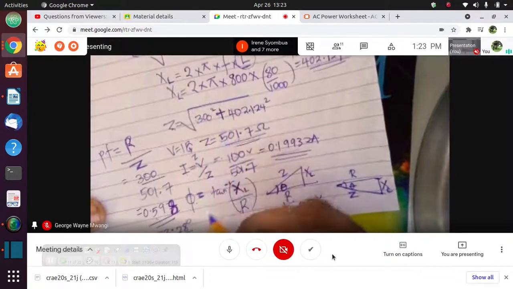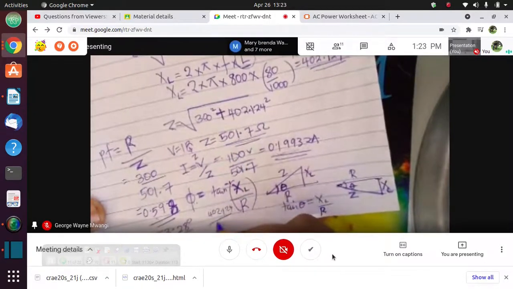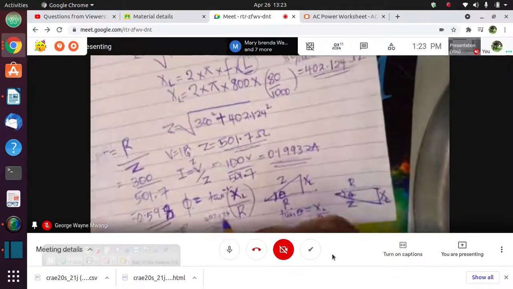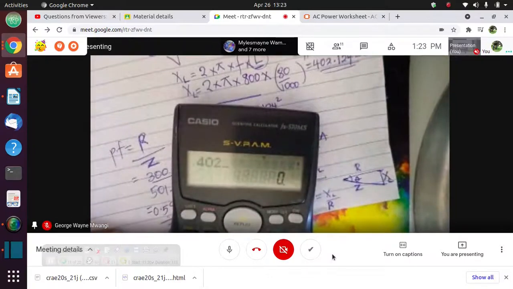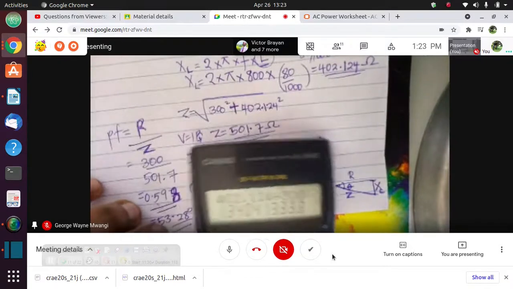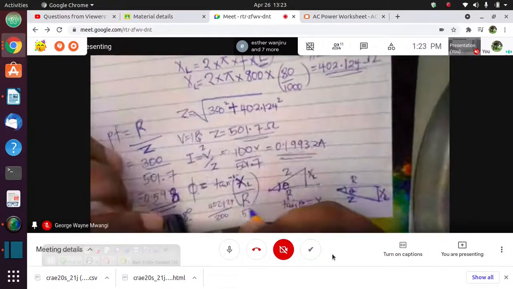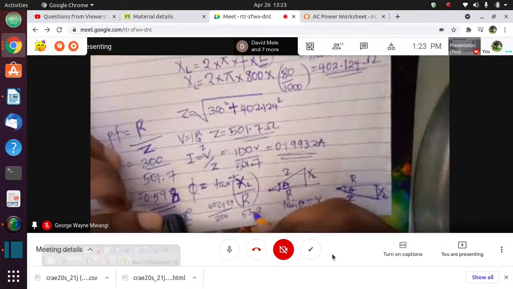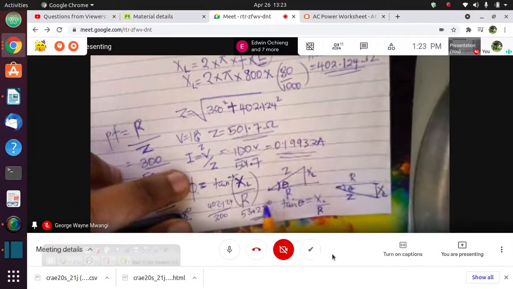XL, 402.124 divided by the value of the resistance, which is 300. When you find the tan inverse, shift tan of that answer, that will give you the phase angle, 53.2728 degrees. That is the angle that the voltage and the current are out of phase with each other.